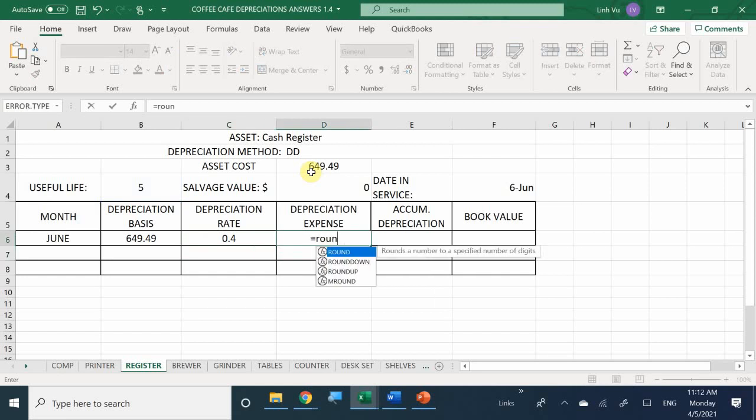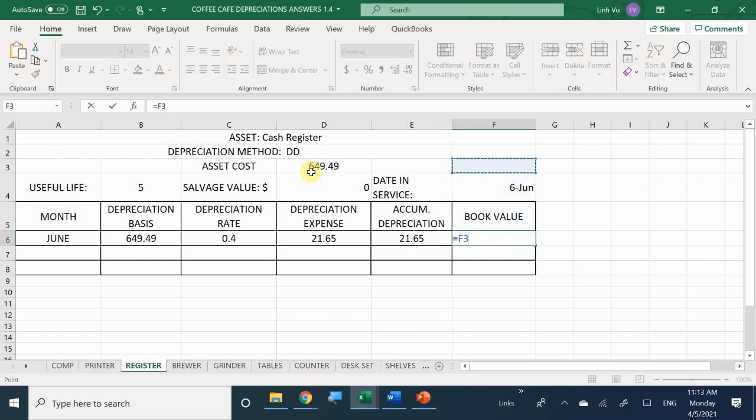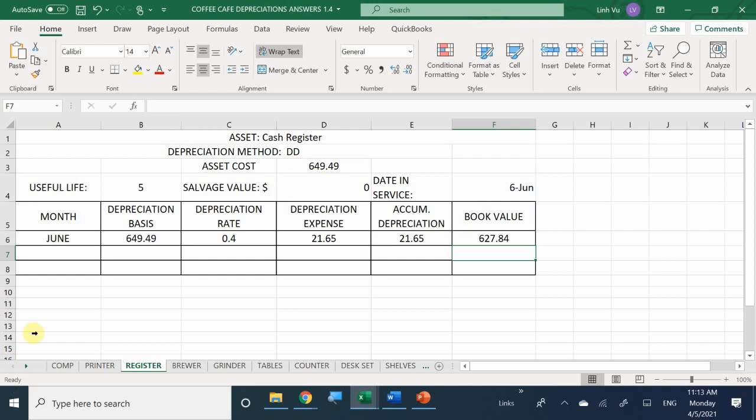So what is going to be my depreciation expense for the month of June? $21.65. So once again, I'm going to journalize this.